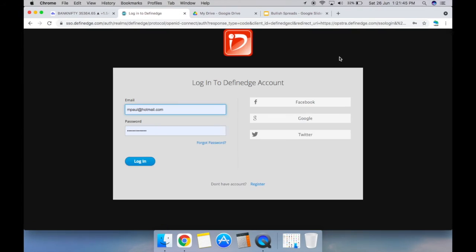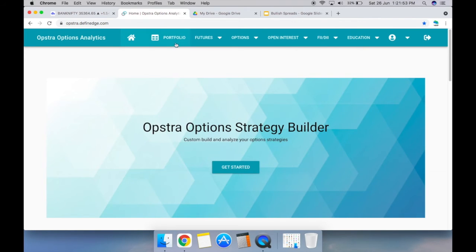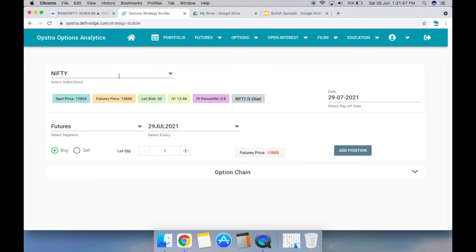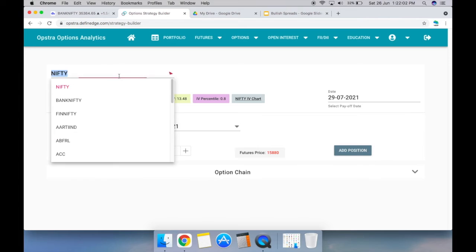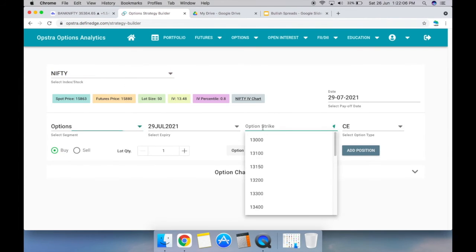I'm logging in. I go to the strategy, and I choose Nifty. We'll see the same strategy that we have taken.